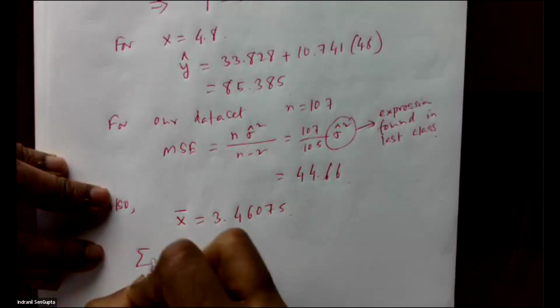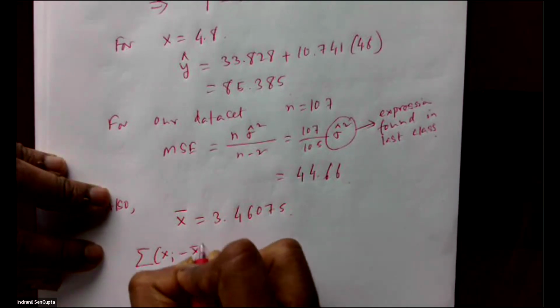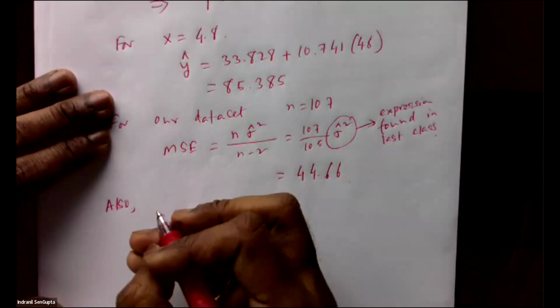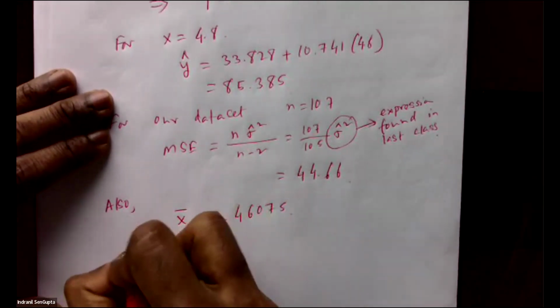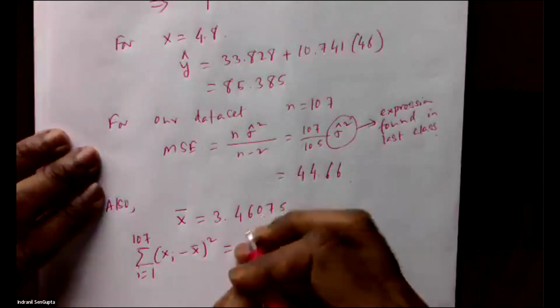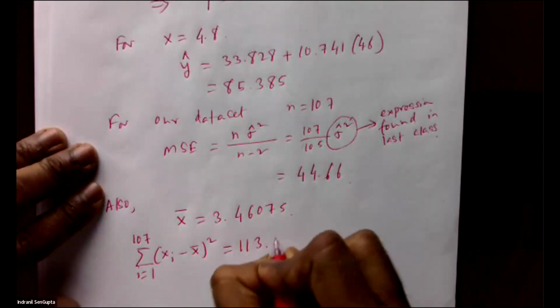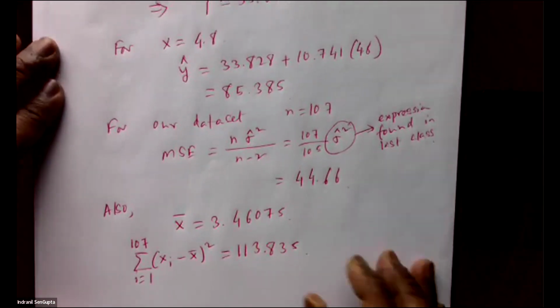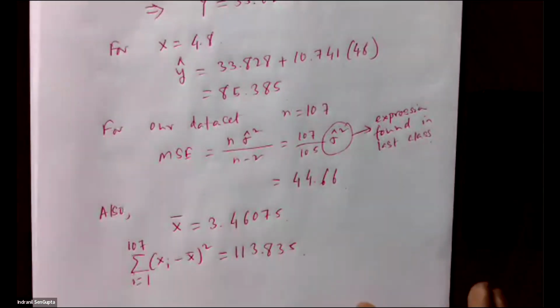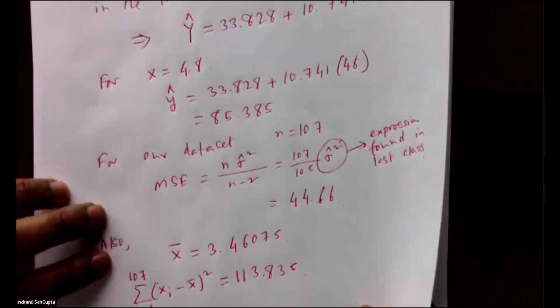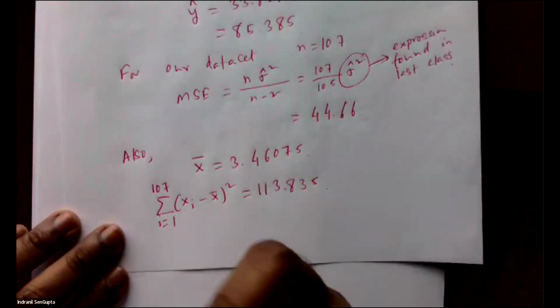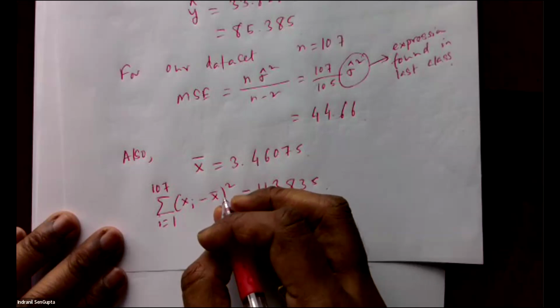And therefore, the summation of xi minus x bar squared, from the data, i from 1 to n, and in this case n is 107. If you compute, it's 113.835. I'm just listing you all the numbers, but you can check it from the actual data set. Together, we also want a 95% confidence interval.